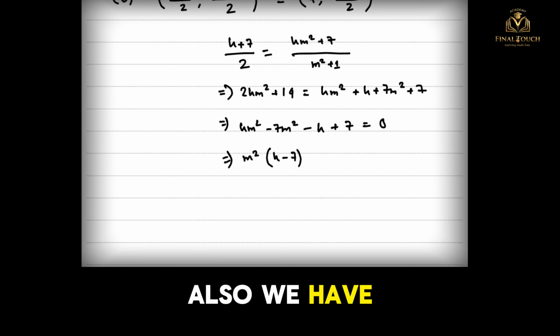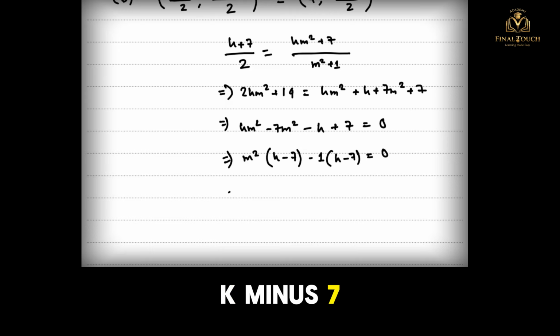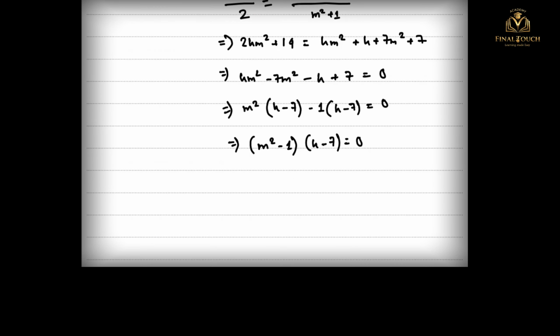Also, we have minus 1 into k minus 7. So that gives me m square minus 1 into k minus 7 equals 0. So m square minus 1 equals 0, or k minus 7 equals 0.